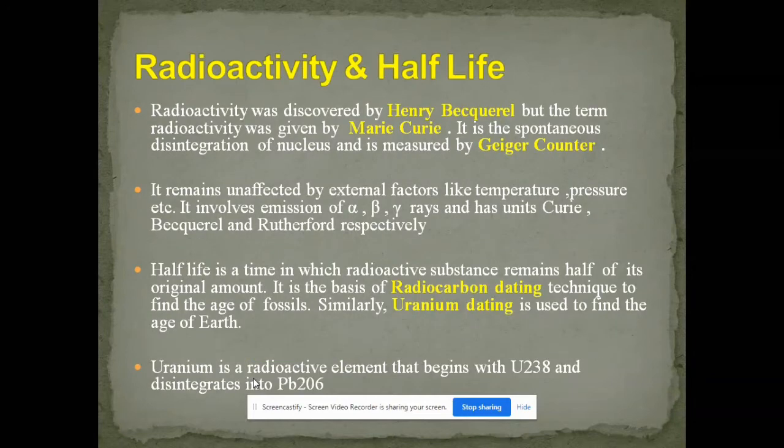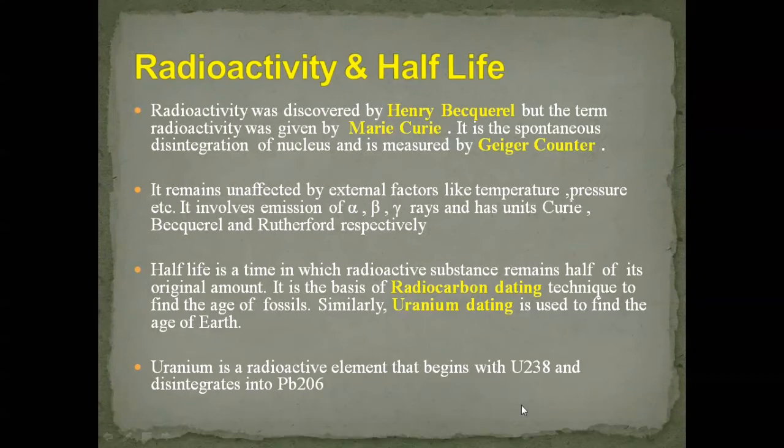Okay. Next concept is radioactivity and half-life. Radioactivity was actually discovered by Henri Becquerel, but the term was coined by Marie Curie. Radioactivity is the spontaneous disintegration of the nucleus, and it is measured by a device called a Geiger counter.